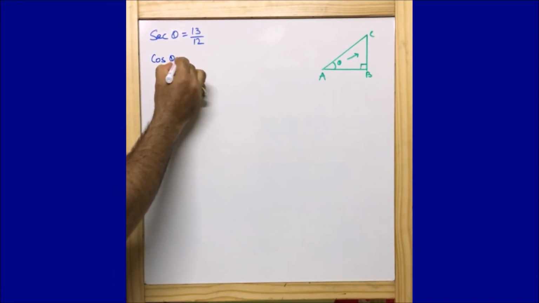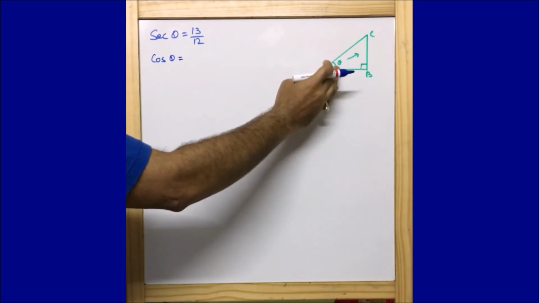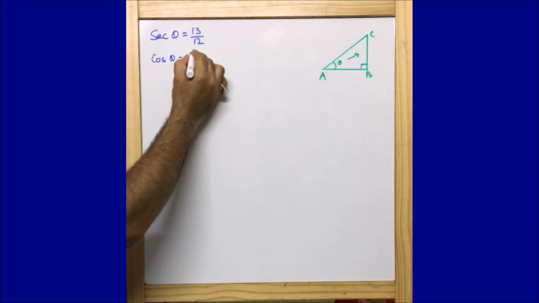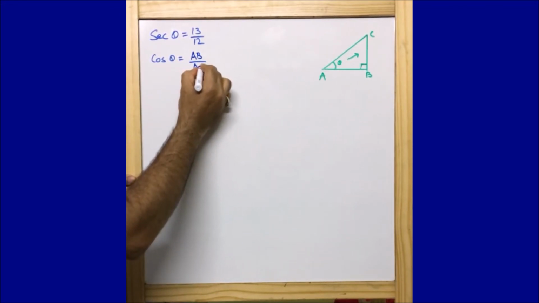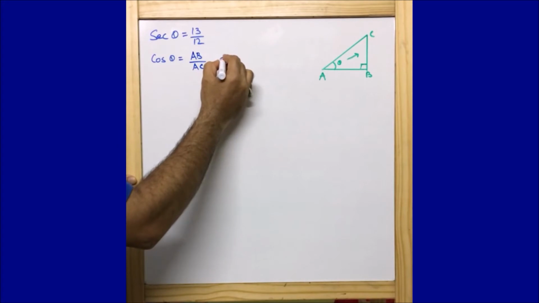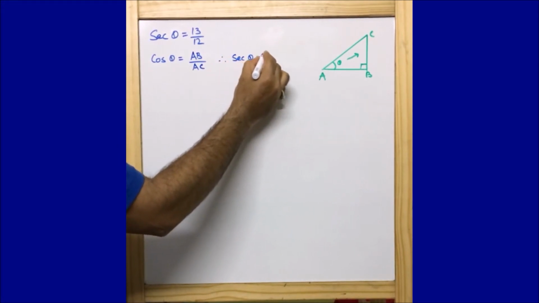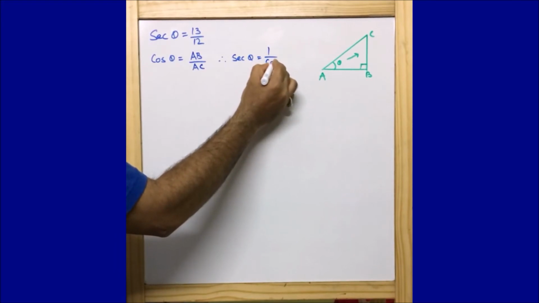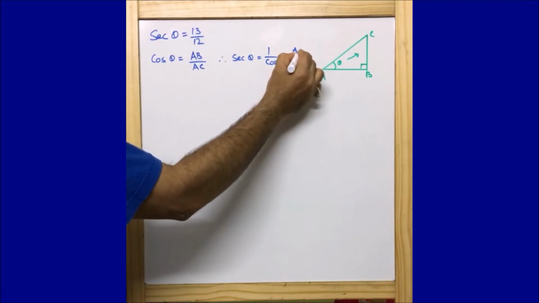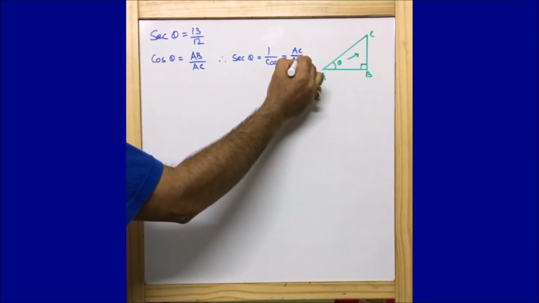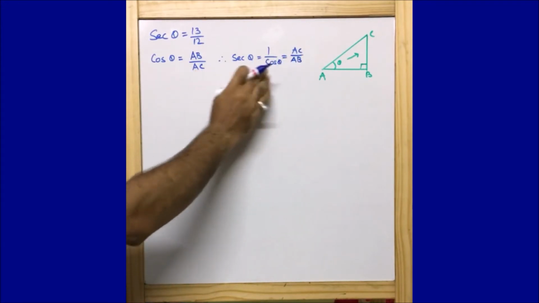Cos theta is equal to the side adjacent to angle theta, that means AB, by the hypotenuse, which is AC, and therefore sec theta is 1 by cos theta, which is equal to AC by AB. So you could see that I am able to get the value of sec theta as AC by AB from cos theta.